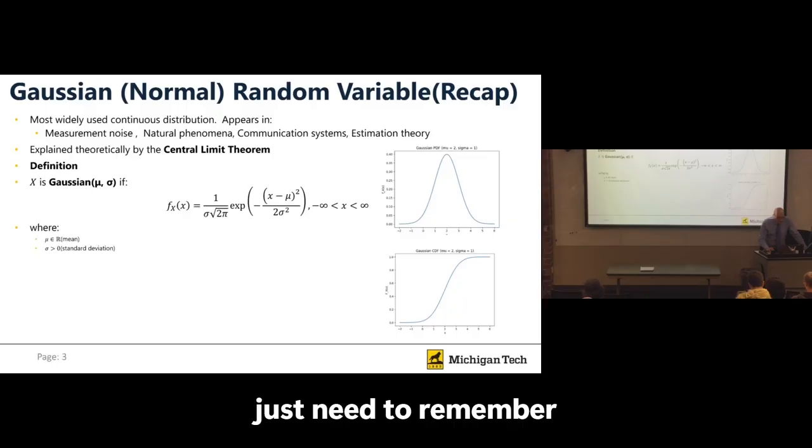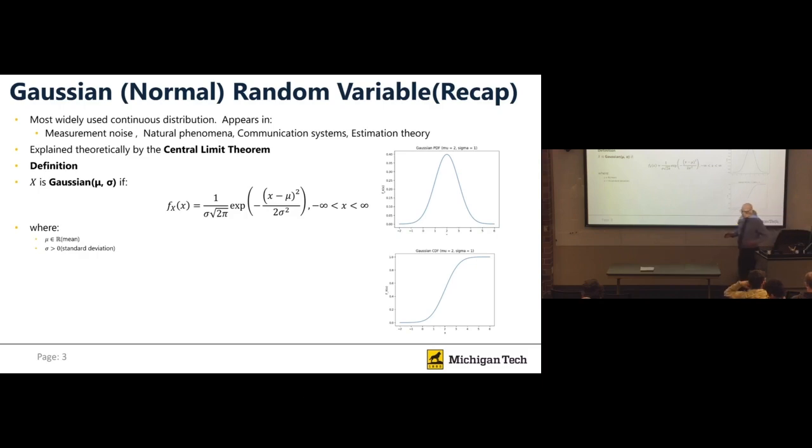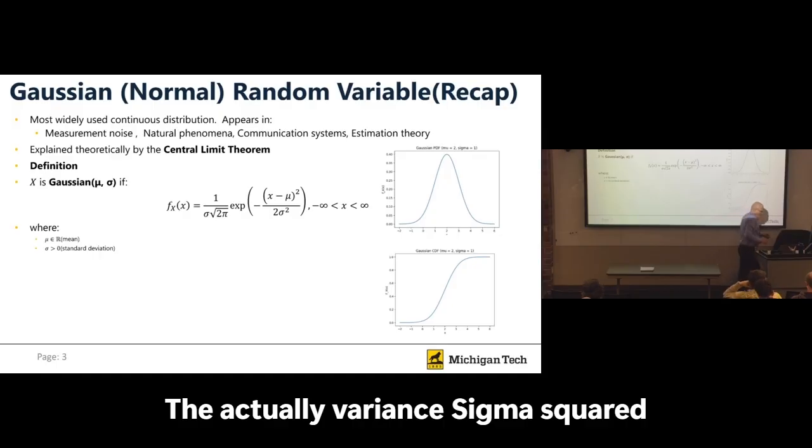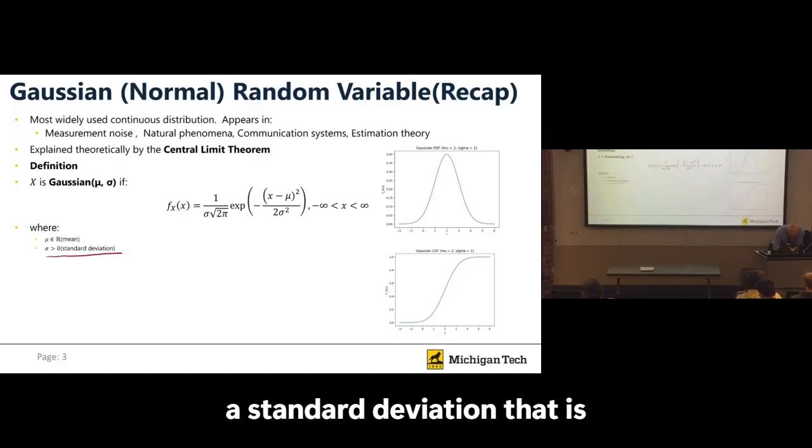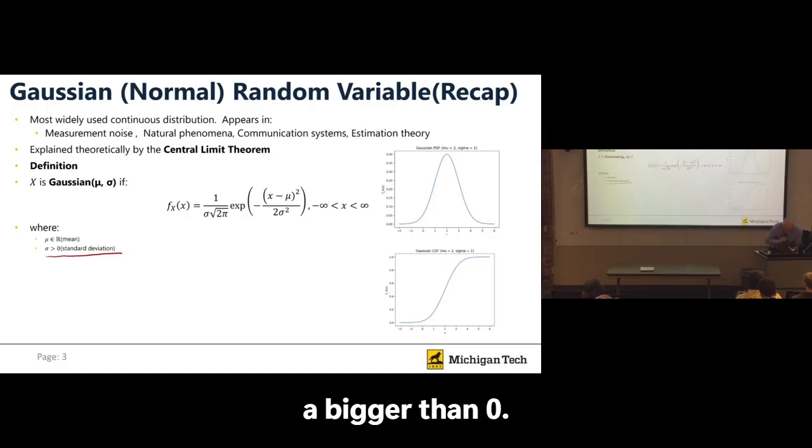OK, so mu is the mean, and this little sigma is the standard deviation. Sigma squared is the variance, and sigma is the standard deviation, which is bigger than 0.